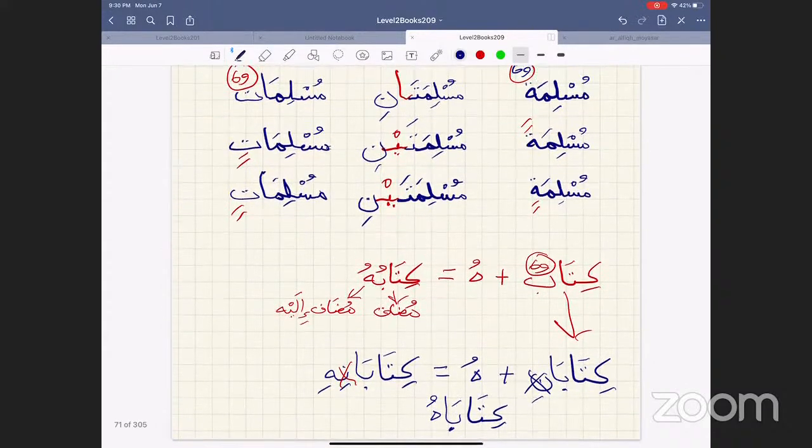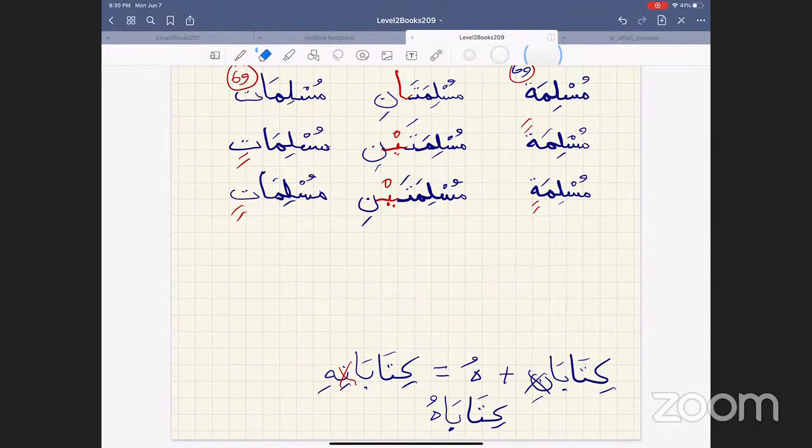Another example would be a verbal sentence. Let's say I say جاء, which means came. And let's say I say مجتهد. Mujtahid means the hard worker.